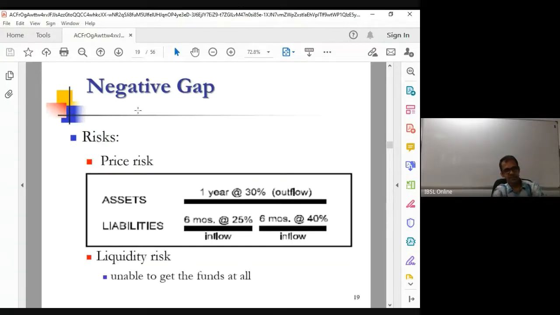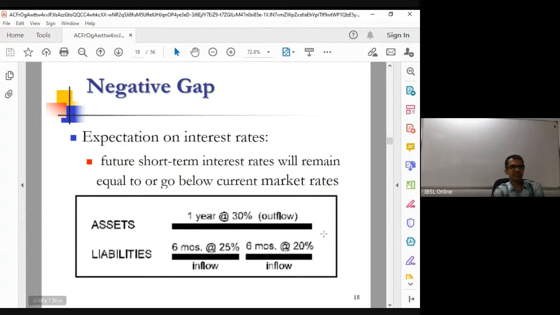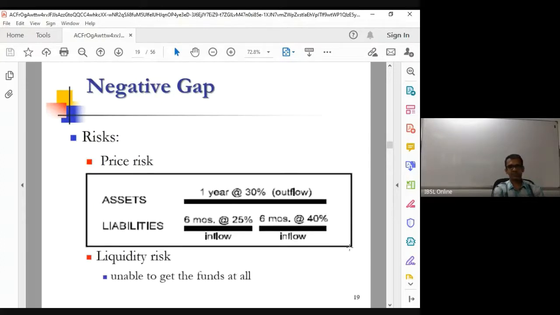So the risks of a negative gap: the first one is price risk. That means interest rates may increase instead of decrease. The second risk is liquidity risk. That means being unable to get the funds at all, because in this strategy your intention is to manage liquidity through liabilities, generating new liabilities to meet obligations.